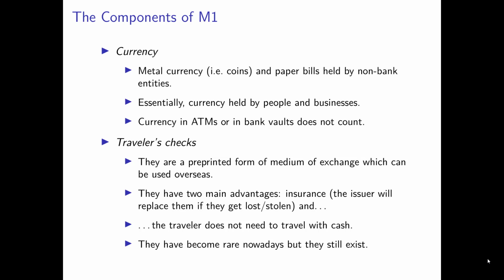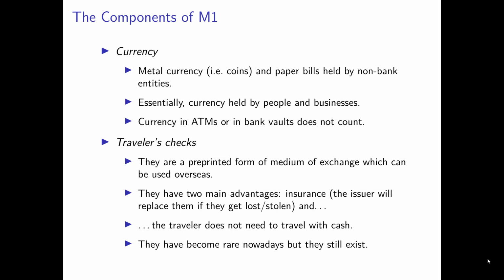All the currency held by banking institutions and financial institutions is not considered part of currency. In other words, if I want to find out how much money there is in the entire country, the first thing I want to do is go to all the pockets and wallets of everybody, and sum up all the cash amounts that I find there. And by everybody, I mean businesses and people. So that's number one.